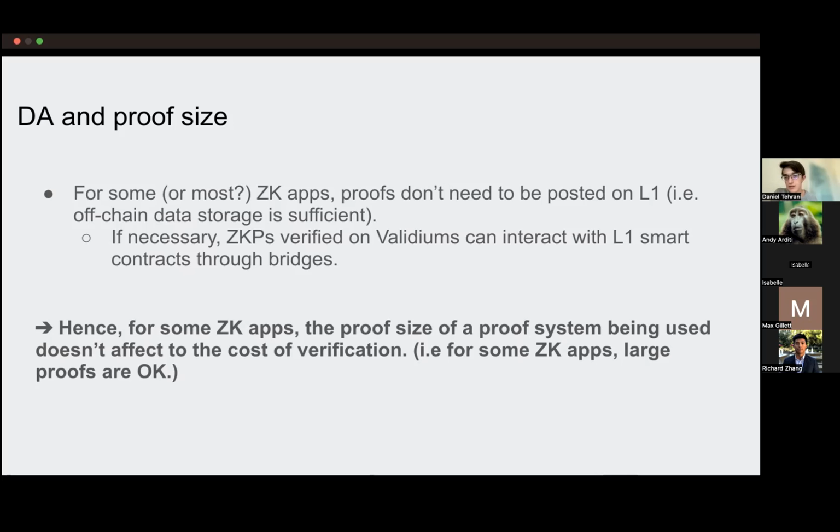So the last part is proof composition. But in our case, we're just using Validiums, and the provers running the Validium system, as the part that does the proof composition.